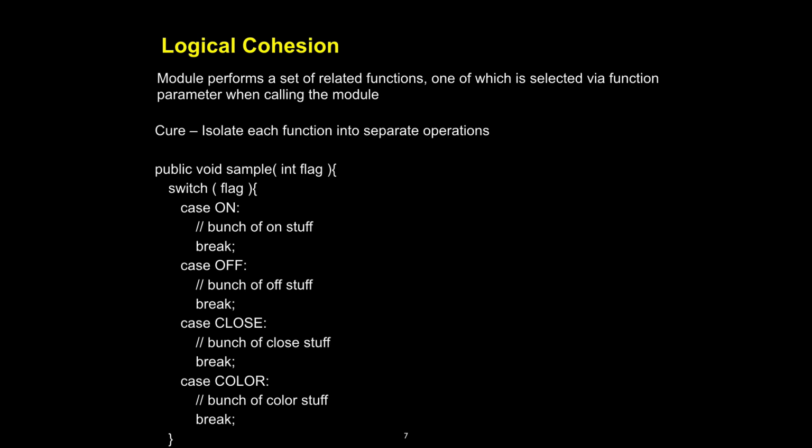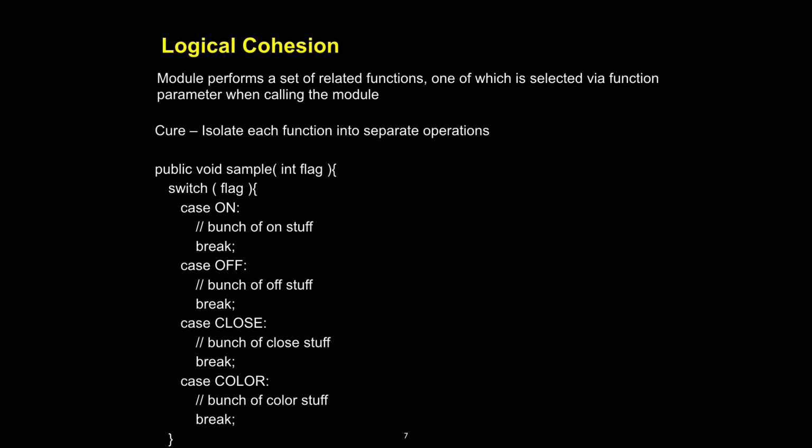Logical cohesion is basically the flip side of control coupling, in the sense of, why is all this stuff together in the one method? In the lamp example, it's there because you want to turn the lamp on or turn it off or blink.